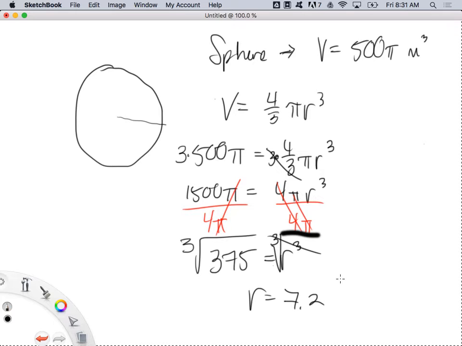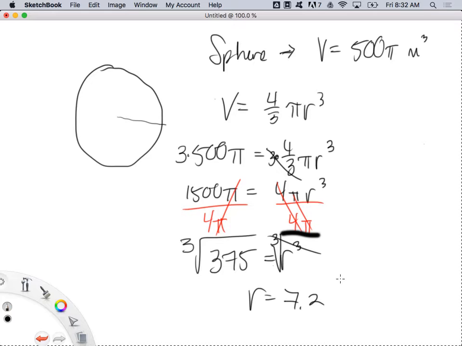So all you do is press 3, then second. See this one? Second. You see it's like the x square root. So that makes it the cube root of 375. No, because it's second, 3, then second, 375.